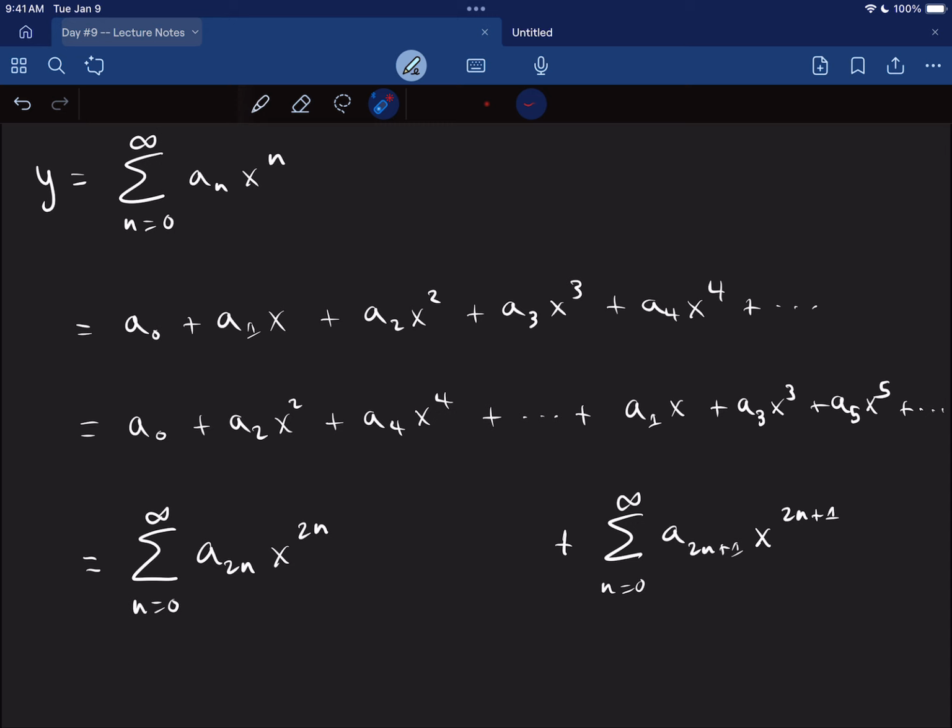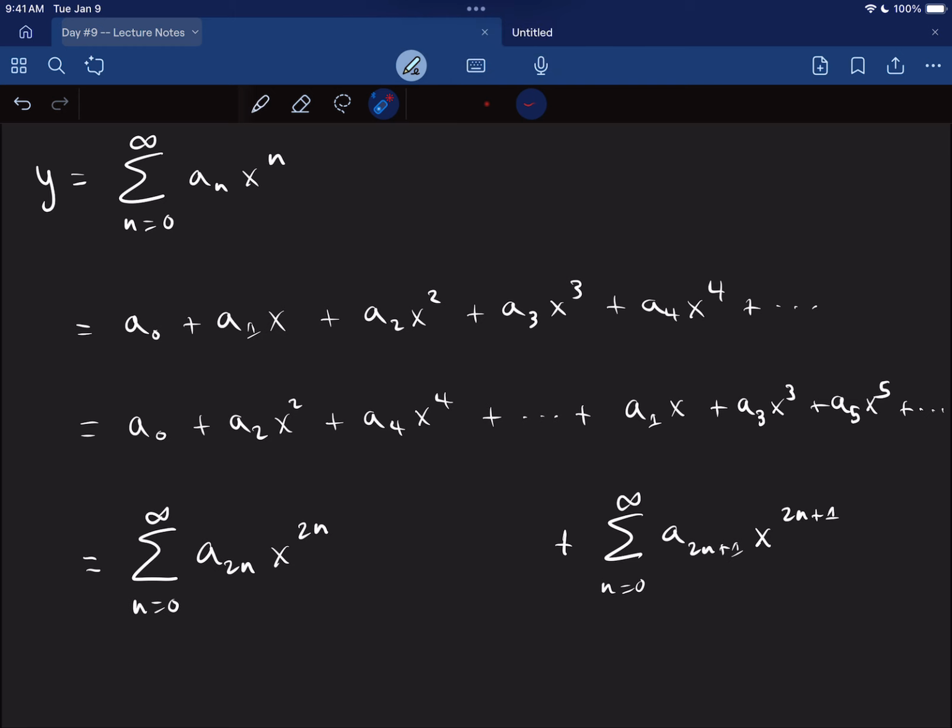So from here, though, we can look at this and I can go, hey, I have formulas for a sub 2n and a sub 2n plus 1. So let's write them down. Let's just plug them in. I won't bother going back.